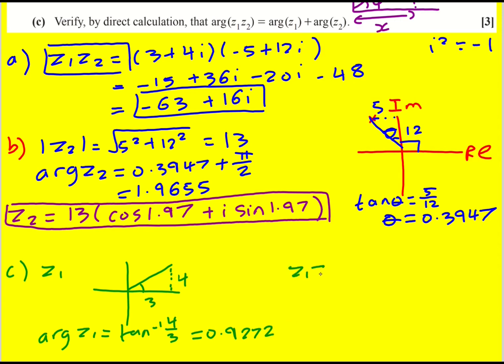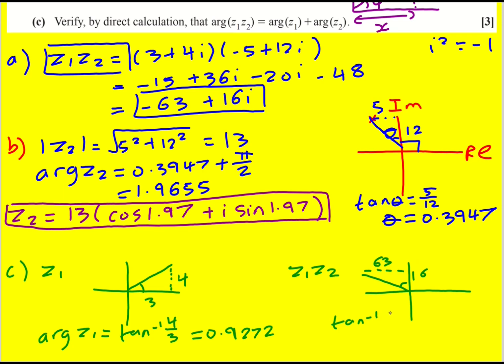And then Z1 Z2. Remember, it's minus 63 plus 16i. So it's over here somewhere. Again, I'm going to work out this angle and then add on pi over 2. So I've got 63 and 16.